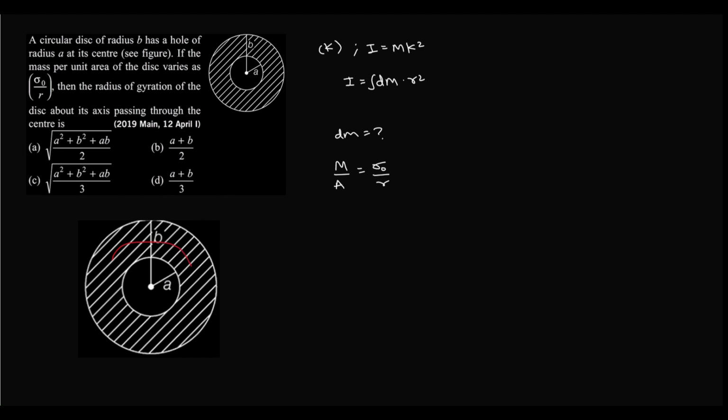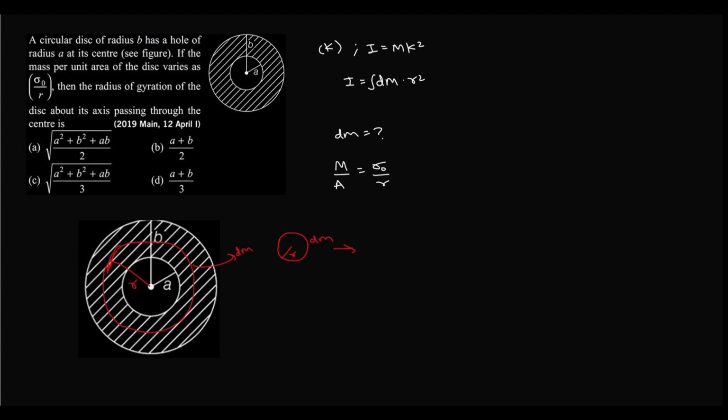So I'm taking a ring at r distance of dm mass. This ring is like this, of r radius and dm mass.